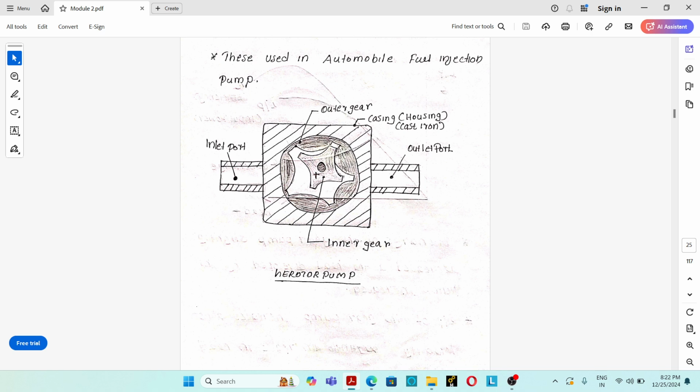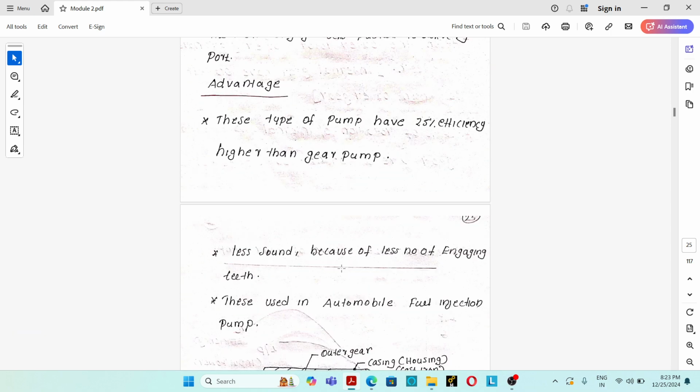Near the outlet port, the engagement of teeth starts. Due to the engagement of teeth, the hydraulic oil gets pressurized. That pressurized hydraulic oil is pushed into the discharge line through the outlet port. So this is the working of a gear rotor pump.